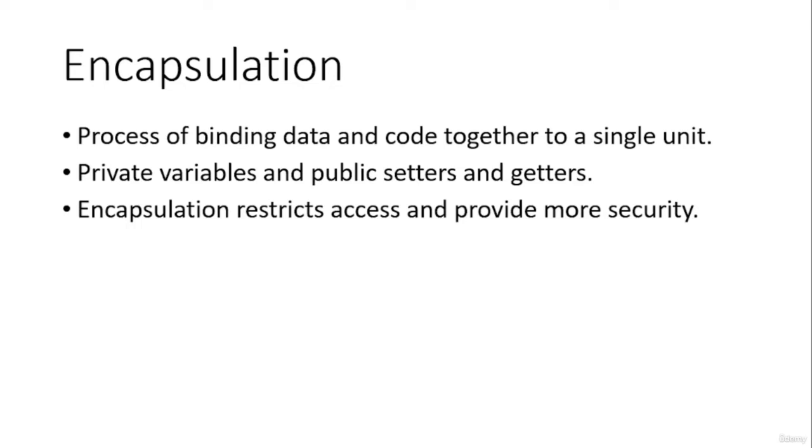For example, if it is an employee object, we will have ID and name in an employee. We will declare those ID and name as private fields, and then using public getter and setter methods, we will be able to set and get the values of those private fields.